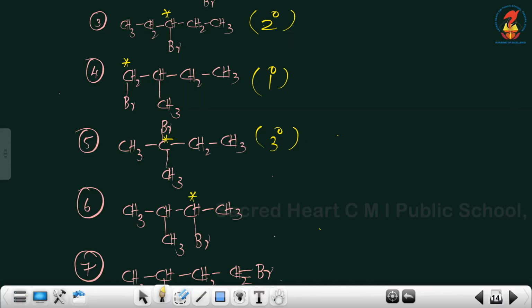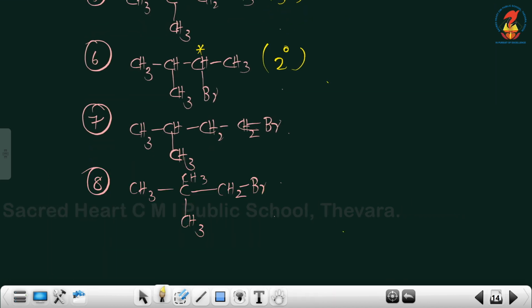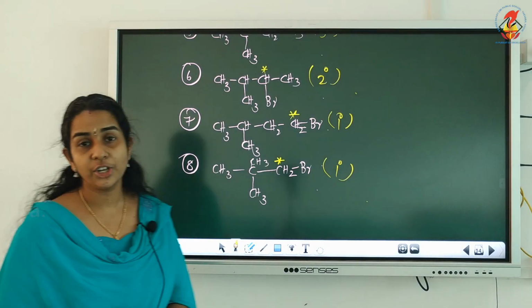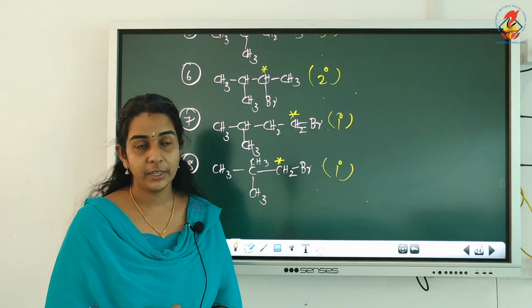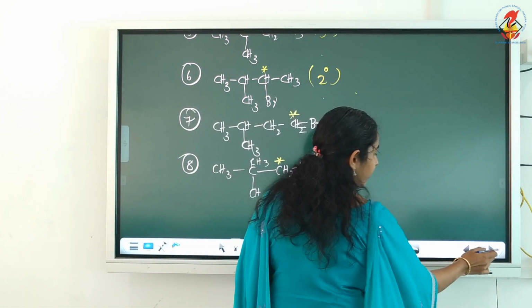Here it is CH, so it is secondary. Here the Br attached carbon is CH2, so it is primary. Here also it is primary. So these are the 8 structural isomers possible for this compound with molecular formula C5H11Br.